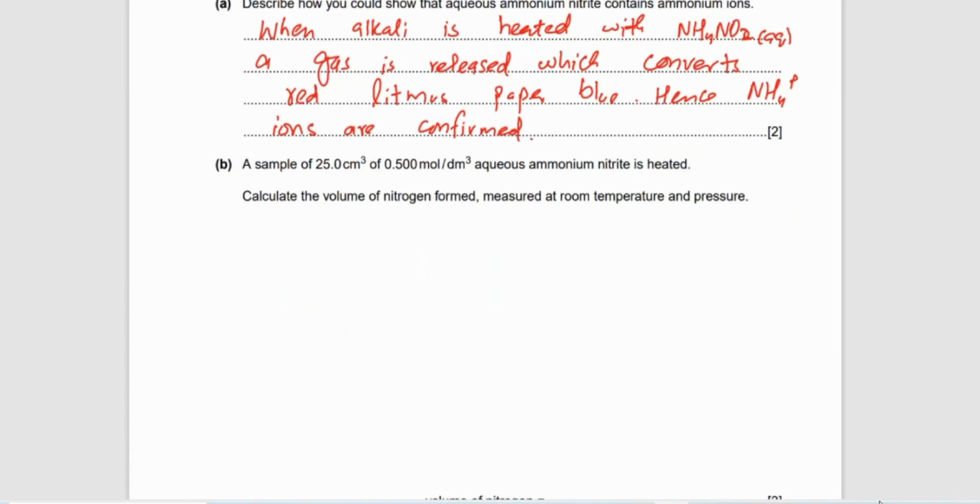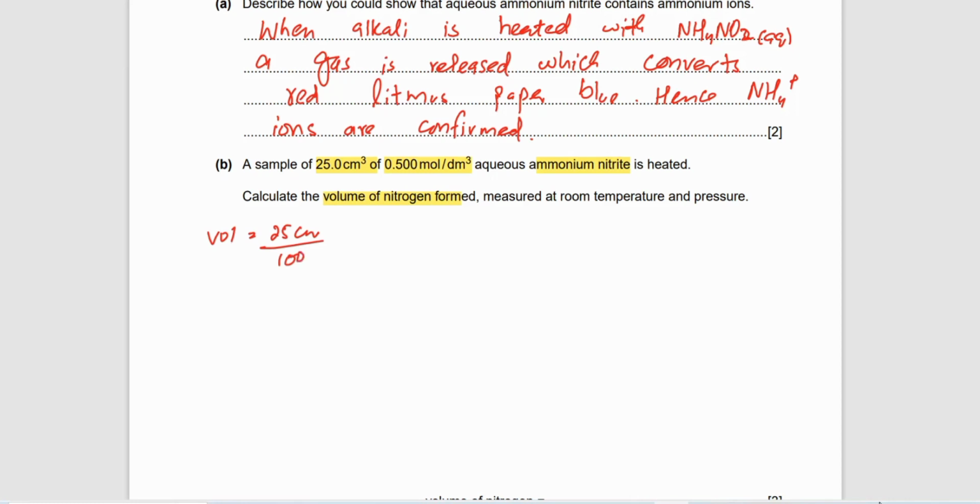Sample: you have a sample of 25 cm cube, and its concentration is 0.500 mole per dm cube. Aqueous nitrite is heated. Calculate the volume of nitrogen formed. So we have been given the volume, that is 25 cm cube.